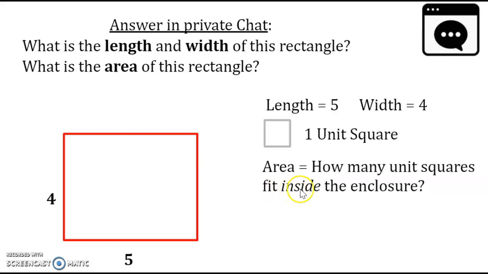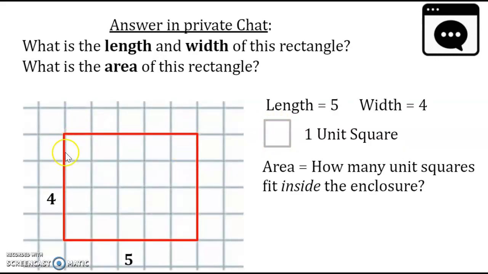So the area is how many unit squares fit inside the enclosure. So you are given area as a little rectangle. So if that is a unit square, then the length of 4 means it takes up 4 square lengths. Okay, so it is 4 units long and 5 units long horizontally.